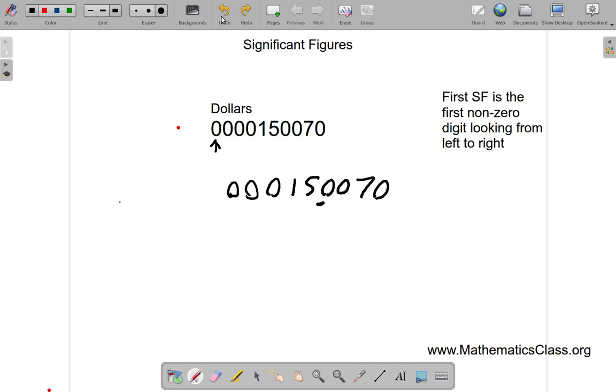Is this representative of your $150,070? Yes, it is. Your money did not change, so you can get rid of this 0 here. It's not a significant figure. It is insignificant. So you don't have to keep it. So this 0, you can get rid of it.